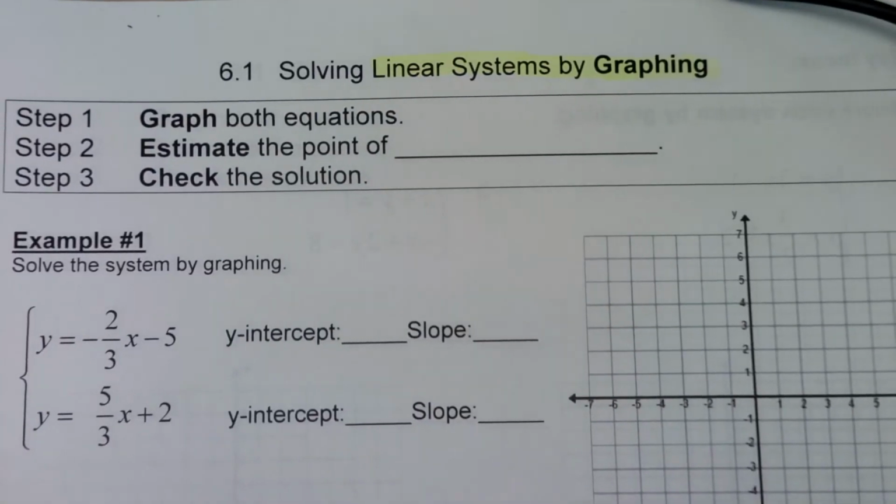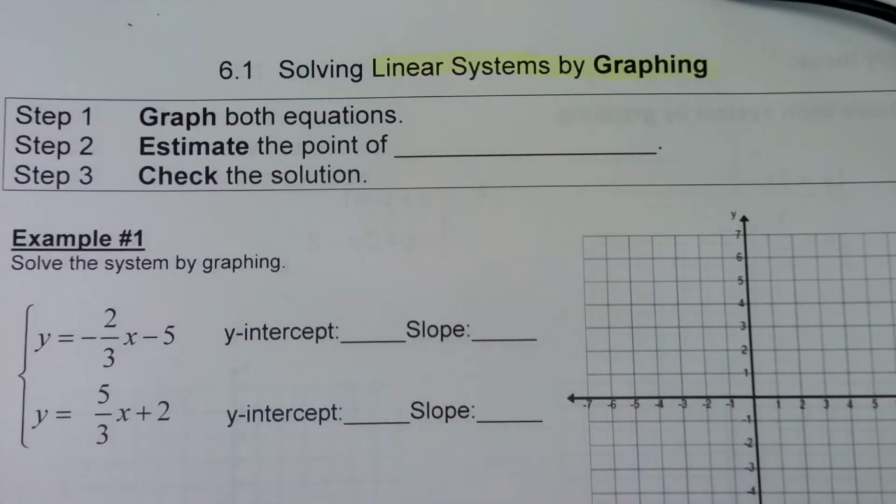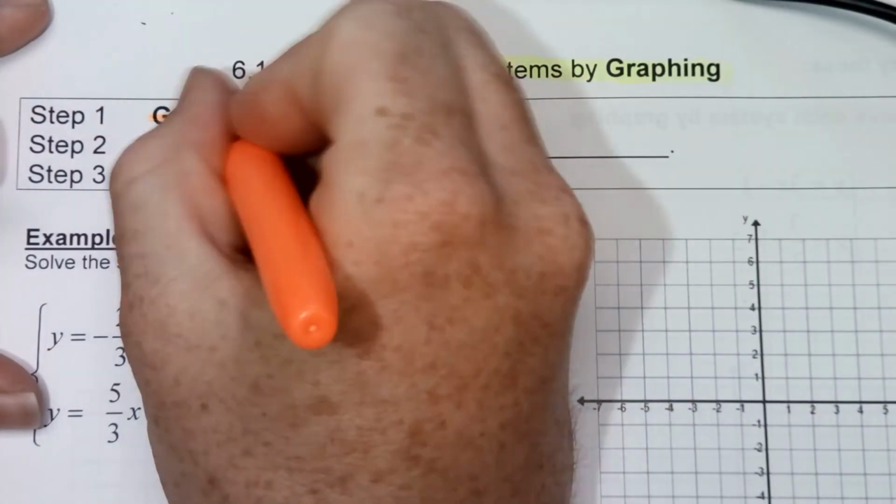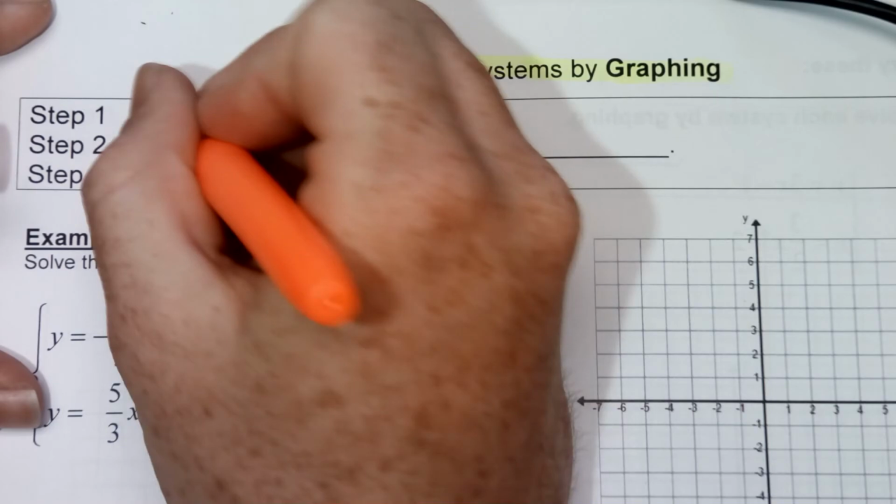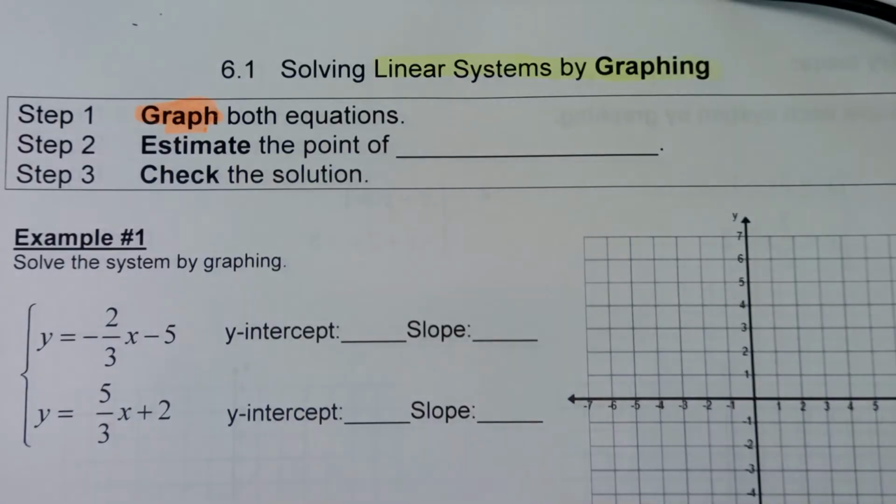Okay, so we have three steps when we're trying to do this. The first step is to graph both of our equations. So first we graph. Then we estimate our point of intersection.